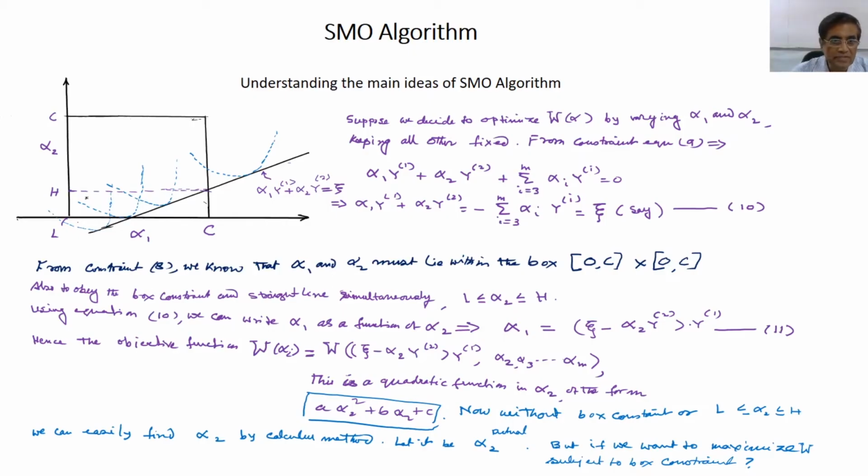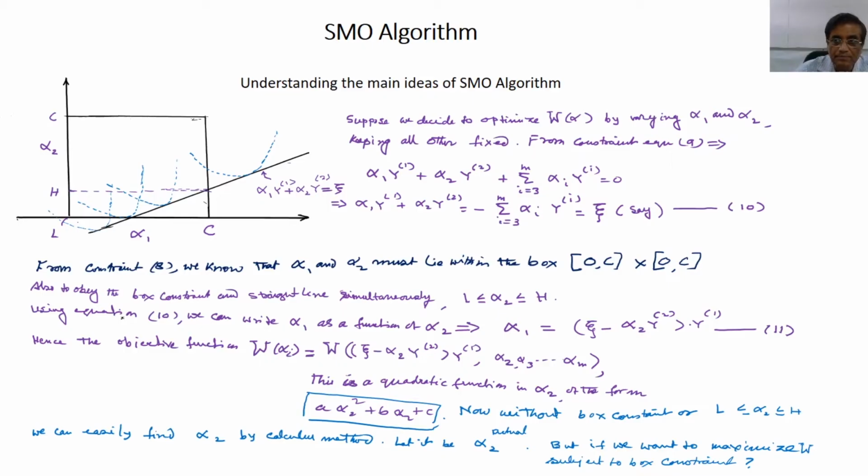These are the box constraints, and the box constraint is due to our KKT condition. Here the SMO algorithm has generated another straight line constraint. Simultaneously we have to satisfy both, and then alpha 2 will lie between L and H. We will see how.